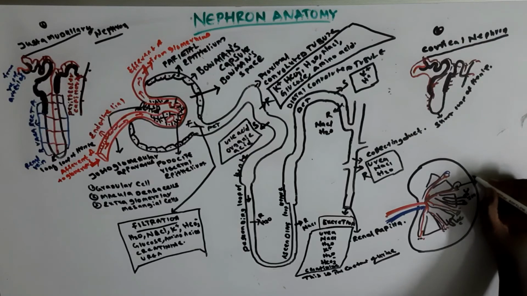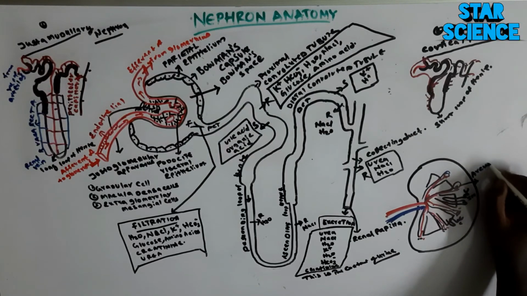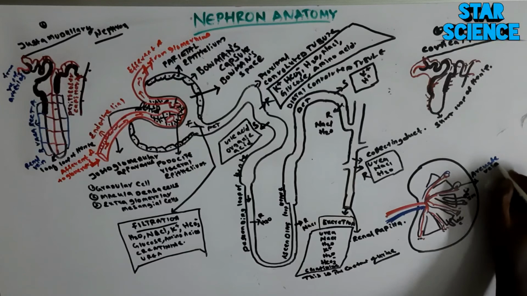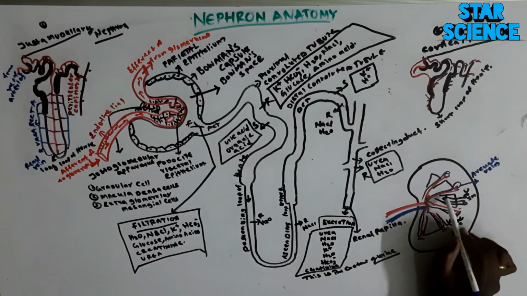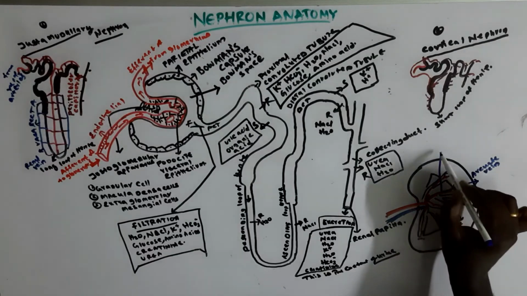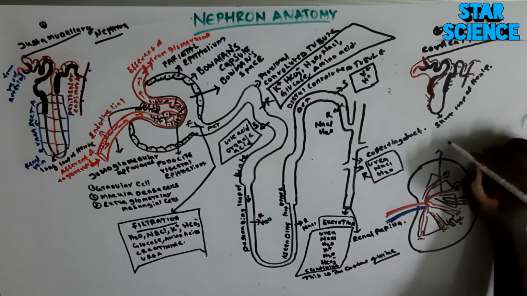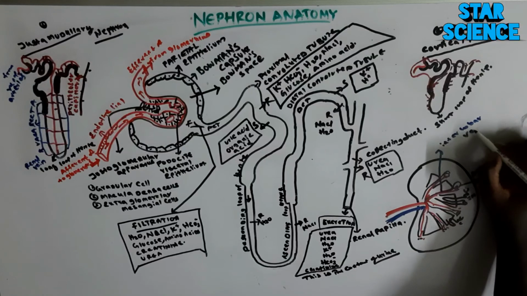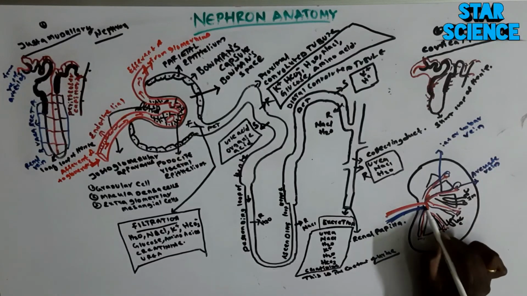So the arcuate vein gives a branch called the interlobar vein. So the arcuate vein flows to the interlobar vein.